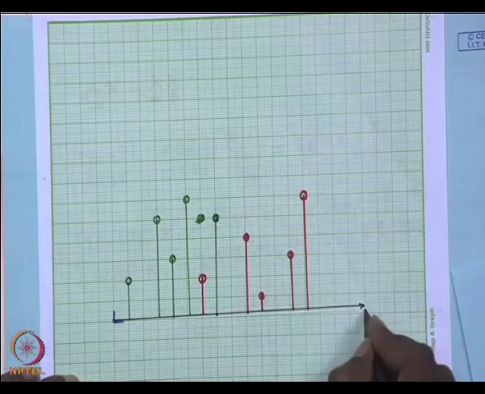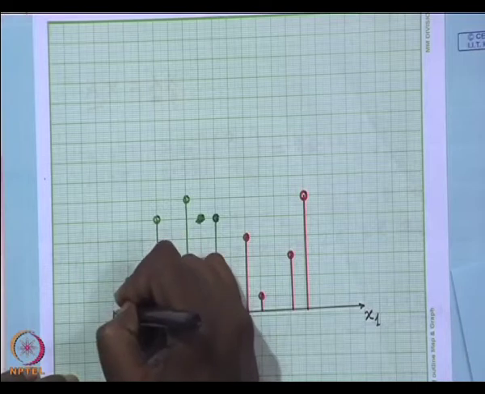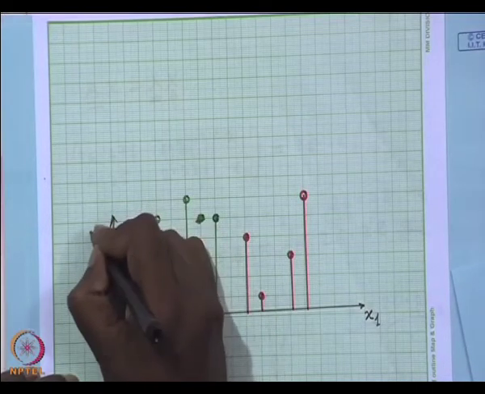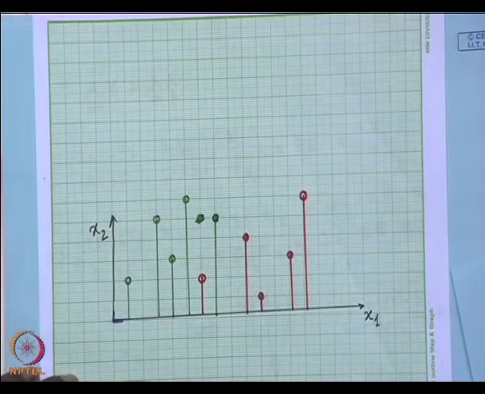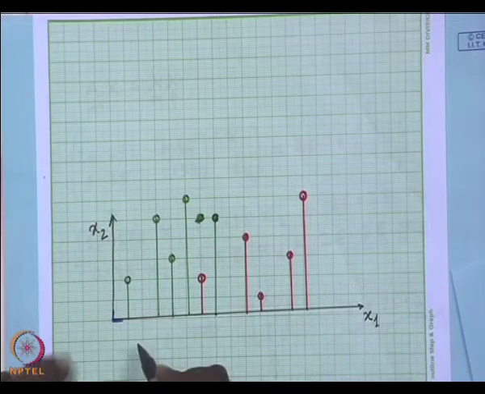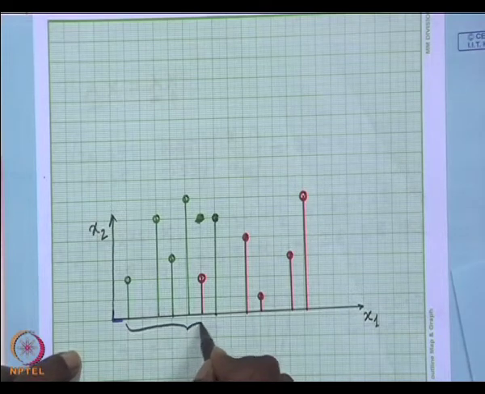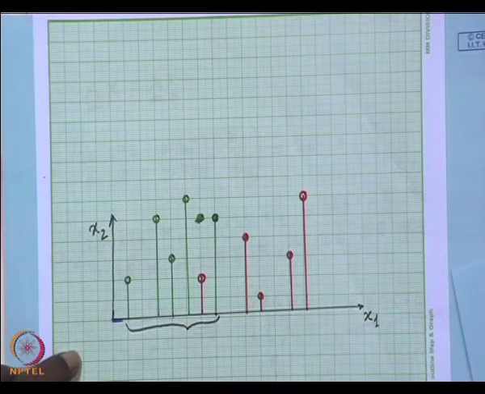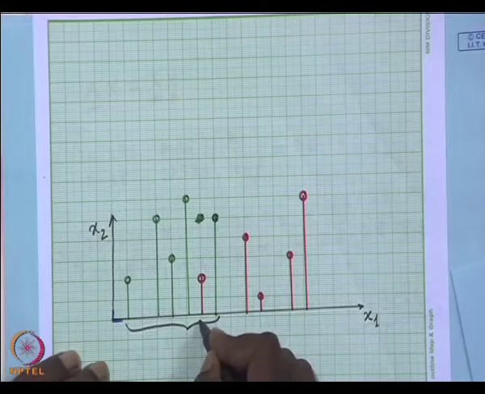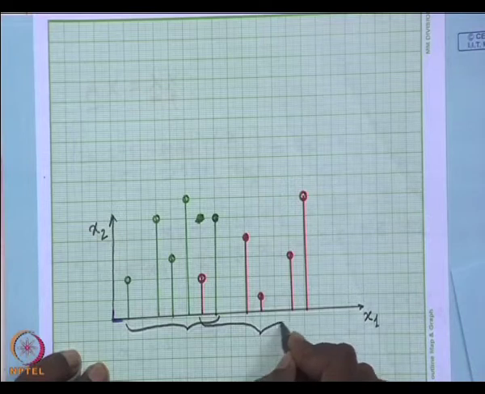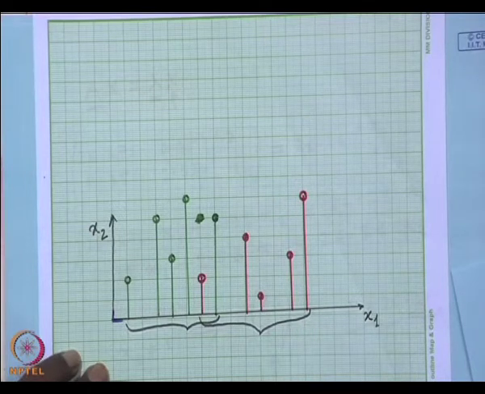What we have used is, this is my axis x 1 and this was my axis x 2. The feature vectors belonging to class omega 1 are projected onto points on the line in this range, and the feature vectors belonging to class omega 2 are projected over here.